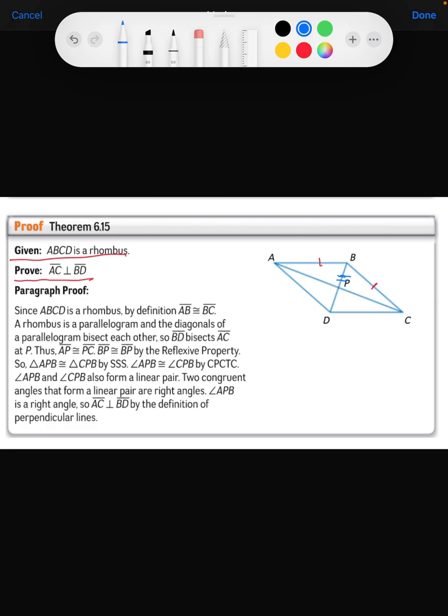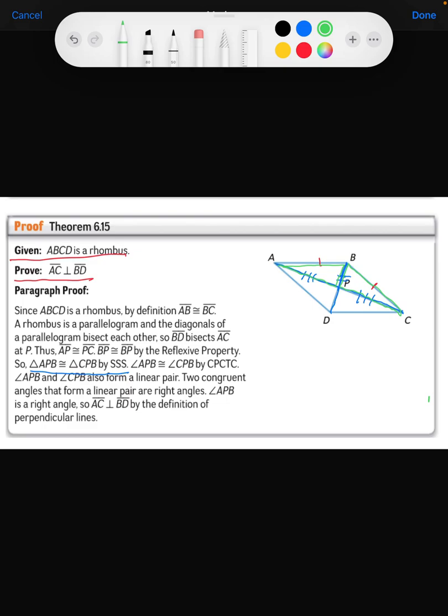And since it's a parallelogram, our diagonals bisect each other, that means here AP is going to equal PC. So by side, side, side, these two triangles, APB and CPB, are congruent to each other.